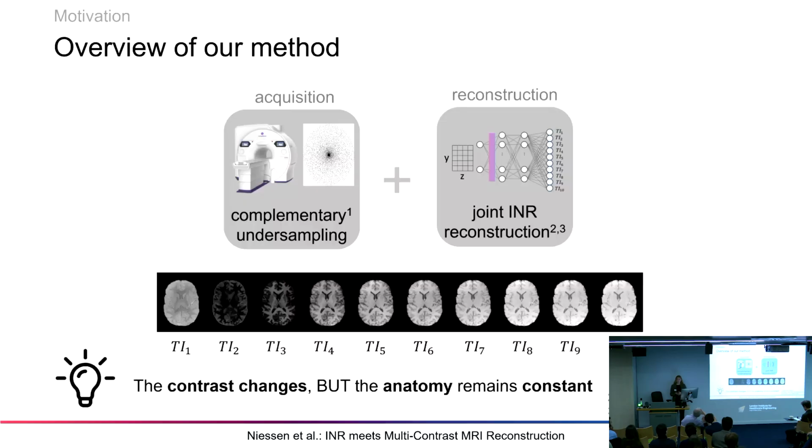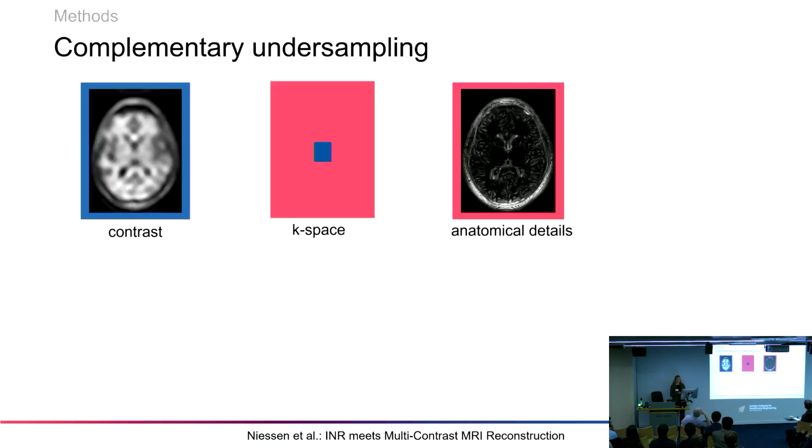This method is based on the observation that if you look at these different contrast images, the contrast changes among these images, but the anatomy of the object being scanned, so in this case the brain, remains constant.